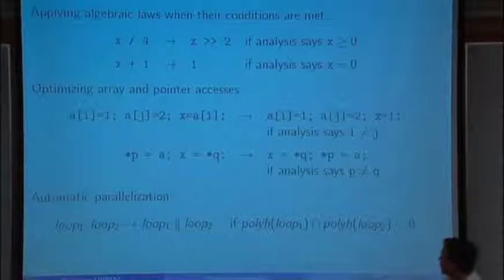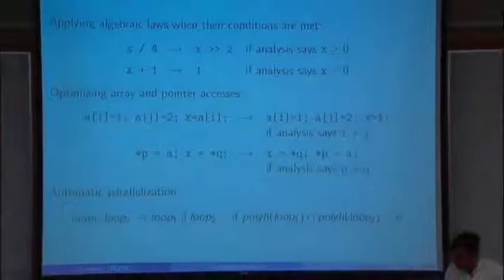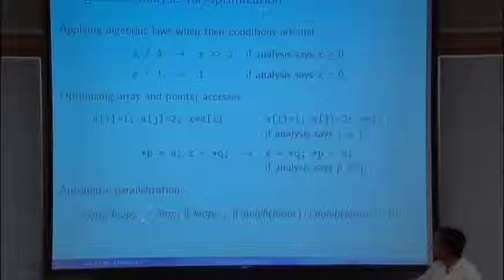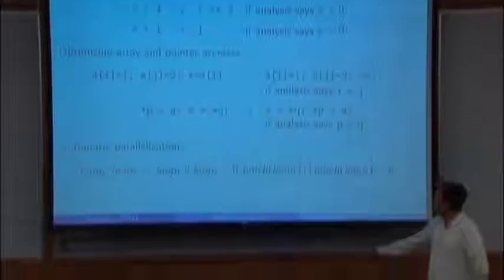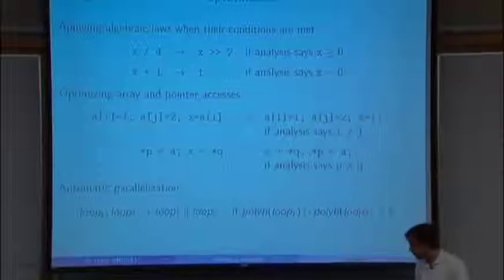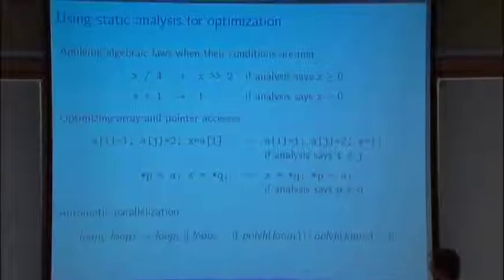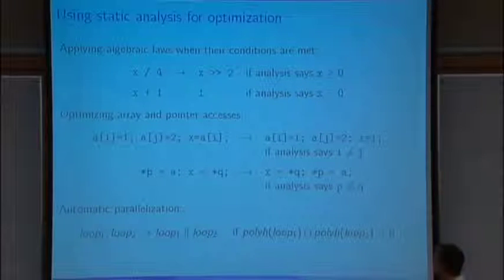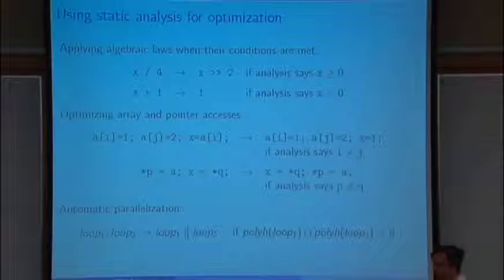And then there's even automatic parallelization, typically for Fortran codes, for loop nests. So if you have, for instance, 2 loops that are executed in sequence in your source code, and you analyze, and you can determine the polyhedron that contains all points that are accessed by this loop, and all points that are accessed by this loop.